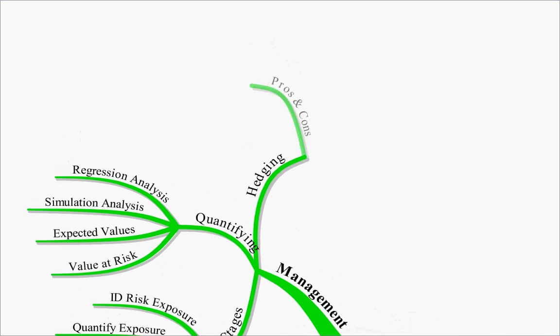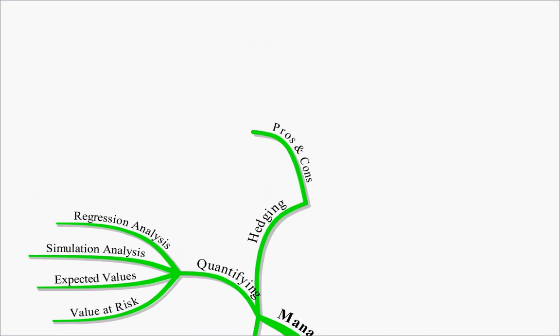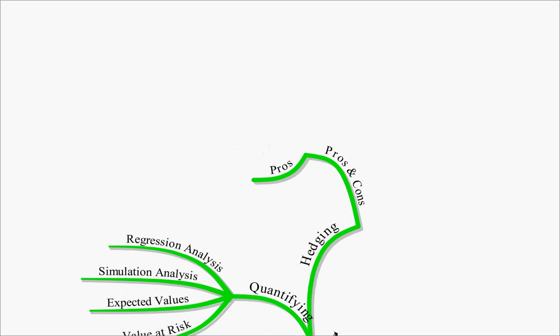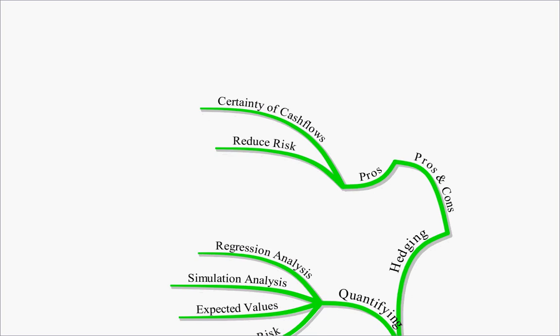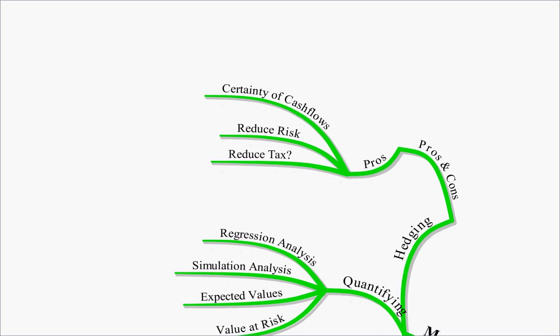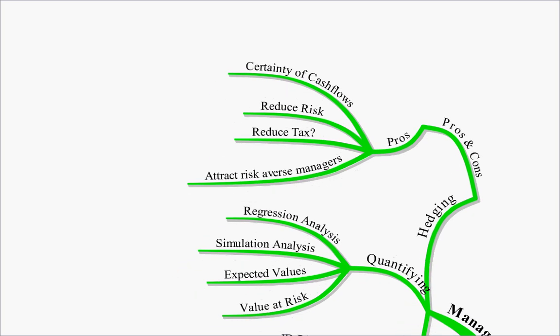Hedging then, what are the advantages and disadvantages of conducting a hedge? On the plus side, you'll have certainty of cash flows. You'll know what you're going to get. You'll reduce or indeed eliminate the risk. You may reduce tax depending on the type of hedge you use, and you will attract risk-averse managers to your organisation because they will know that you hedge your risk.